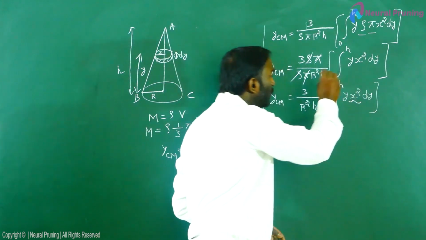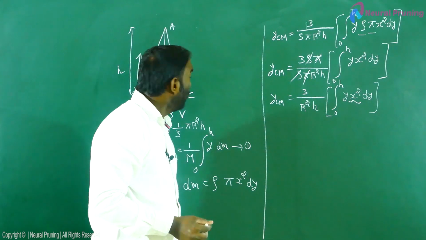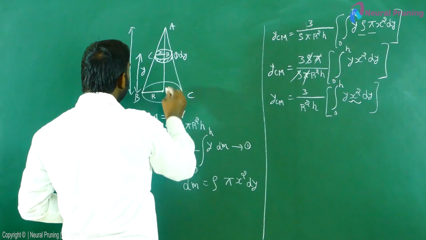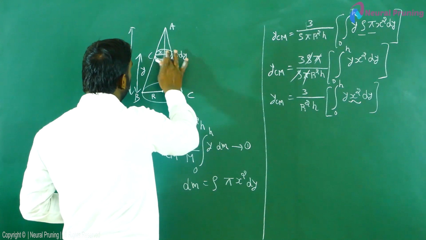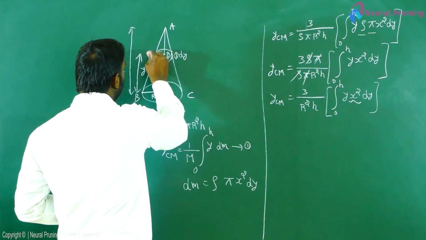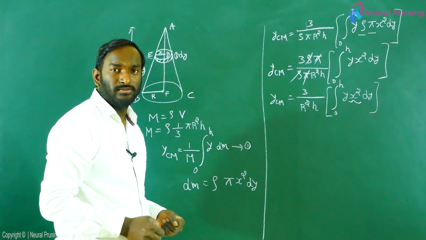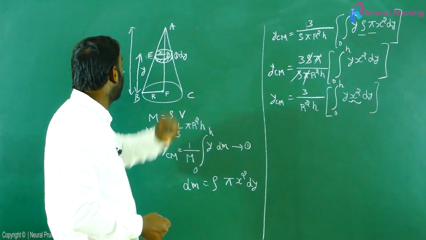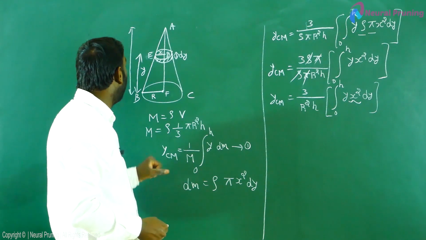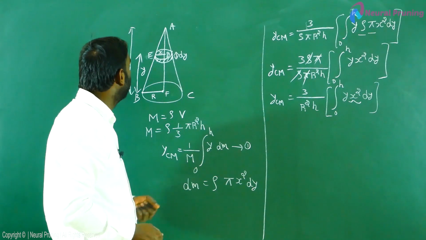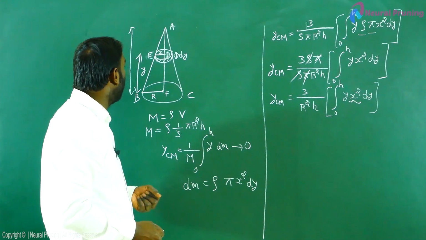But what is this x square? From the triangle, okay, already we mentioned ABC, DEF. From this diagram, find the value of x in terms of h, y and r. How to find this value?